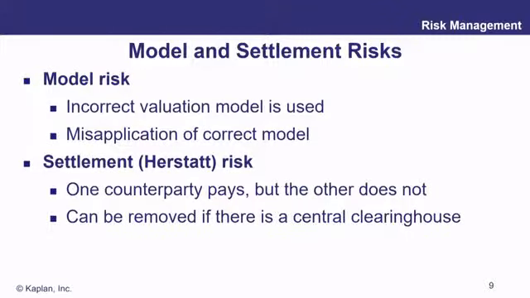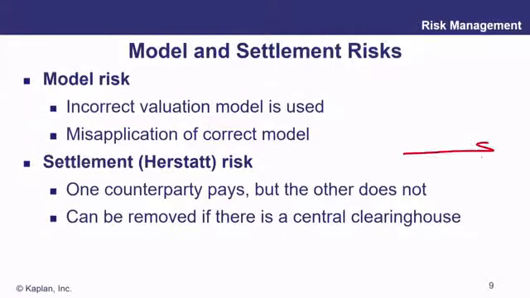In swaps, there's counterparty risk. Anytime you have an over-the-counter derivative, you could have counterparty risk. The other party doesn't do what they said they would do. This is also called Herstatt risk, named for a bank where this happened some number of years ago. This bank was party to a number of swaps. On a swap, you're paying out and you're receiving in.